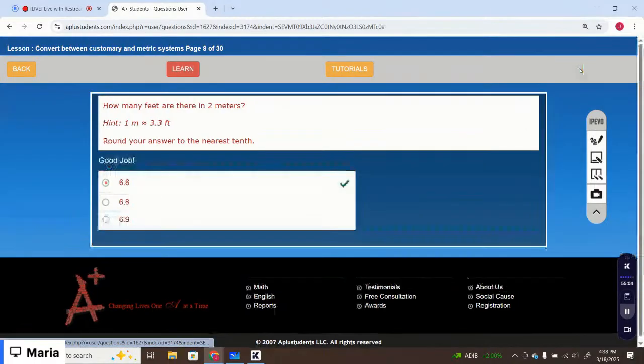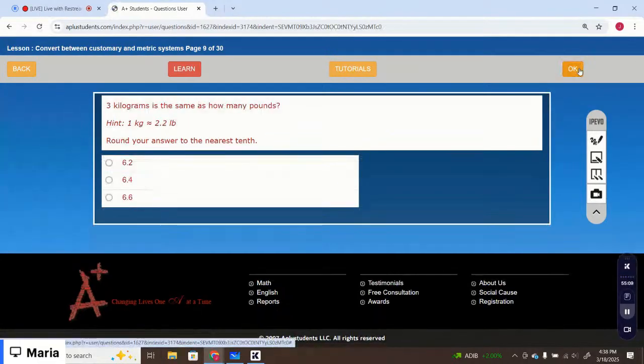Option number one is the correct option. Two kilometers is the same as how many pounds? That equals 6.6 pounds. Option number three is the correct option. Okay, you can complete the lesson by yourself for today.